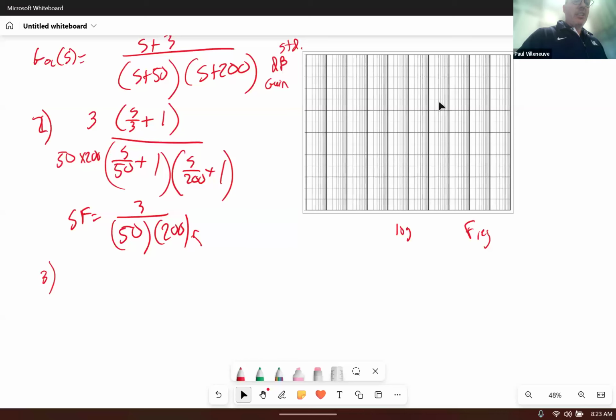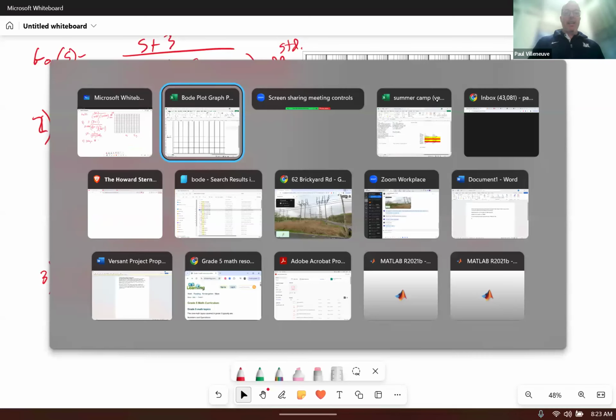So for my scale factor, I have 20 log 10 of my scale factor. That's the only one that I need to calculate because each of these other ones are already doing 20 dB per decade or 6 dB per octave. So when I do 20 log 10 of my scale factor, I'm going to have to do that in MATLAB because there's no way I can do that off the top of my head.